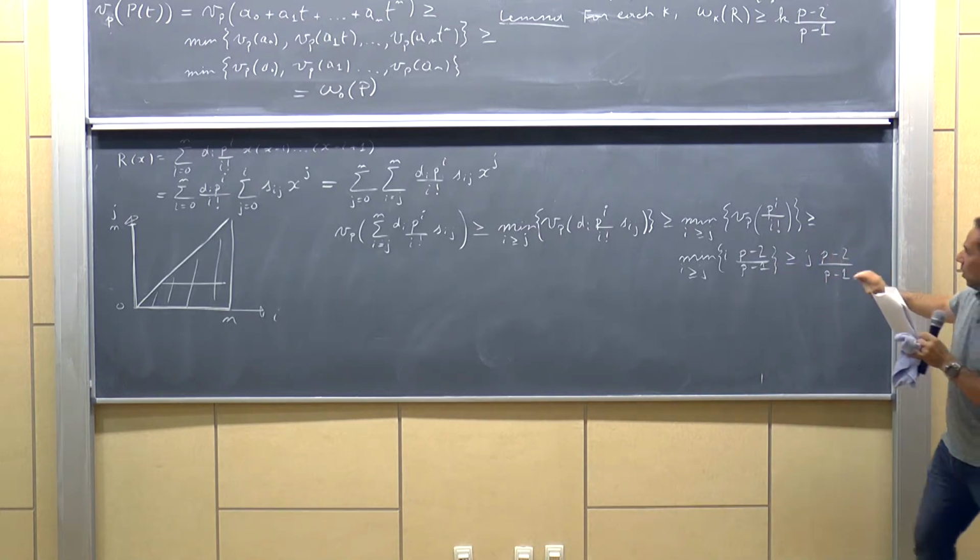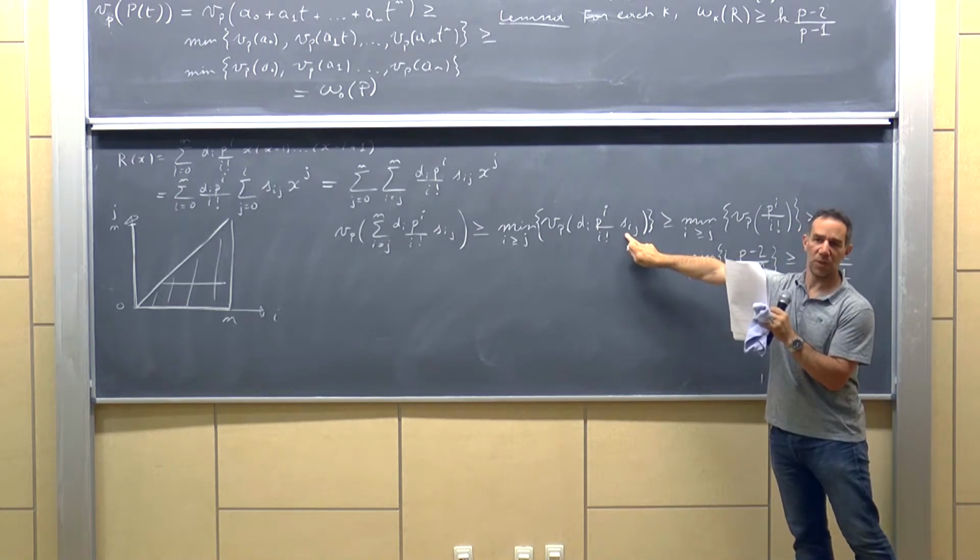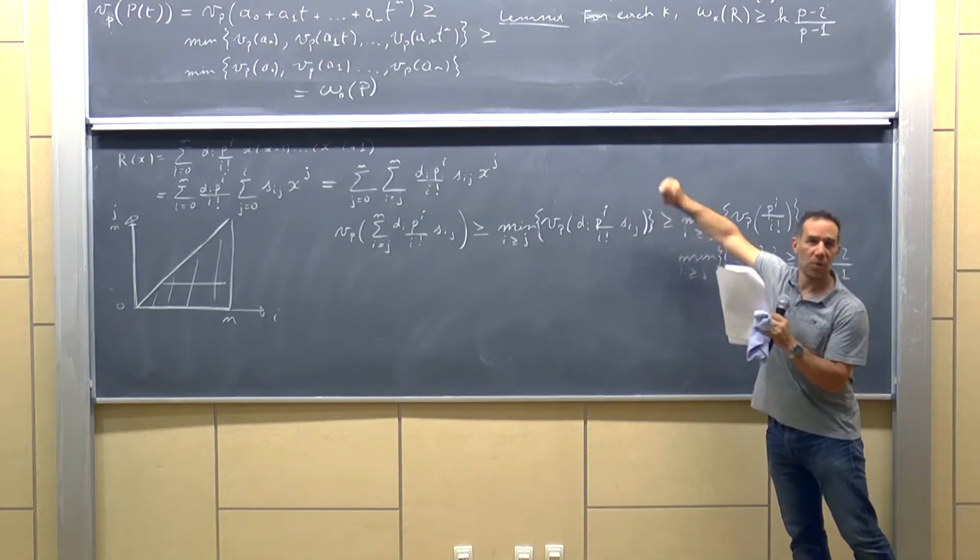So everybody happy with this? In going from this to this, I've simply dropped this term S_ij, which is an integer, from the p-adic valuation.